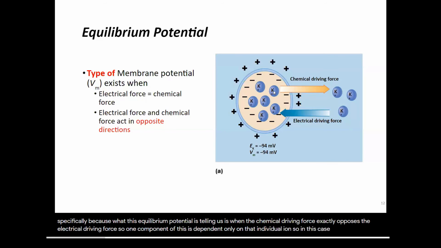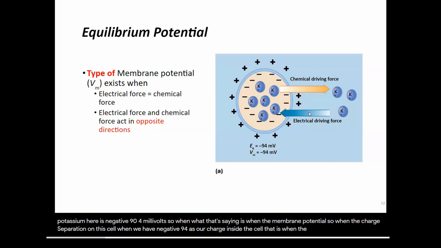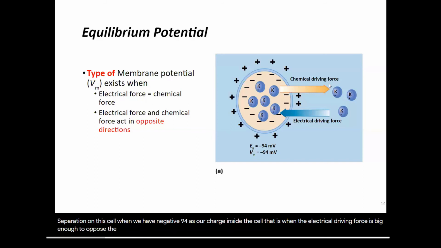So in this case, it's showing us a chemical driving force equivalently opposing our electrical driving force. And it's telling us that the equilibrium potential for potassium here is negative 94 millivolts. So what that's saying is when the membrane potential, so when the charge separation on this cell, when we have negative 94 as our charge inside the cell, that is when the electrical driving force is big enough to oppose the chemical driving force on potassium here.